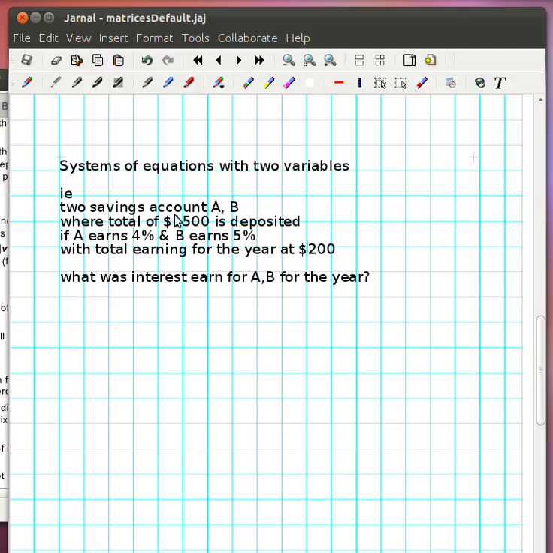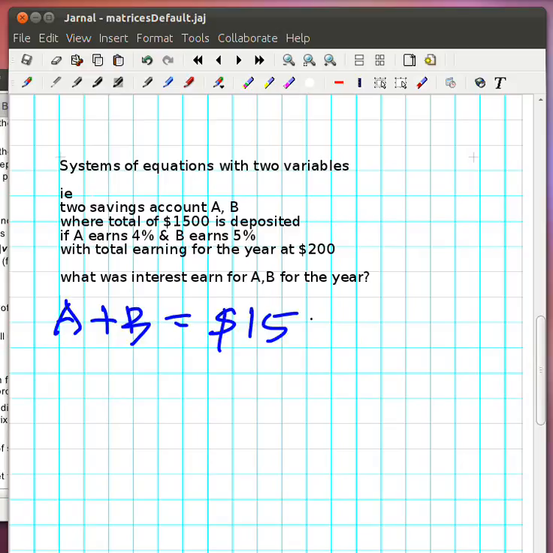This is just a system of equations, right? And we can solve this just with algebra, but here we want to show how we can represent it with a matrix. So let's go ahead and do that. So we have A plus B equals $1,500.